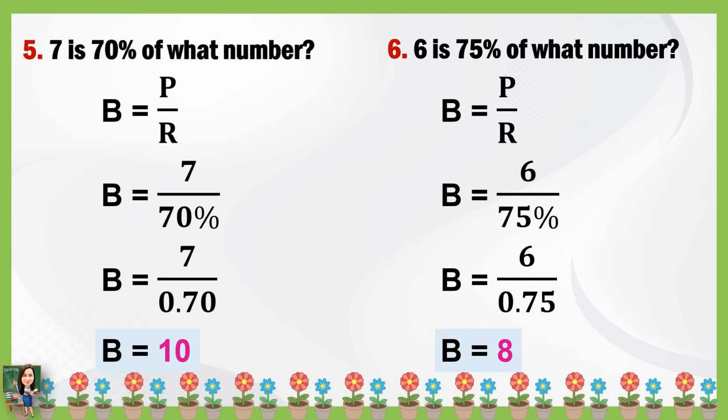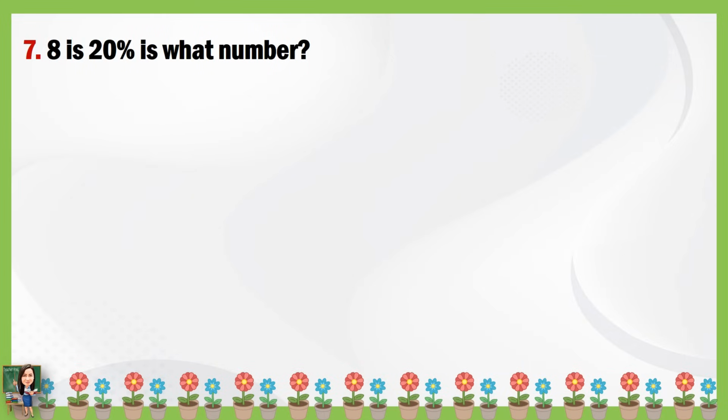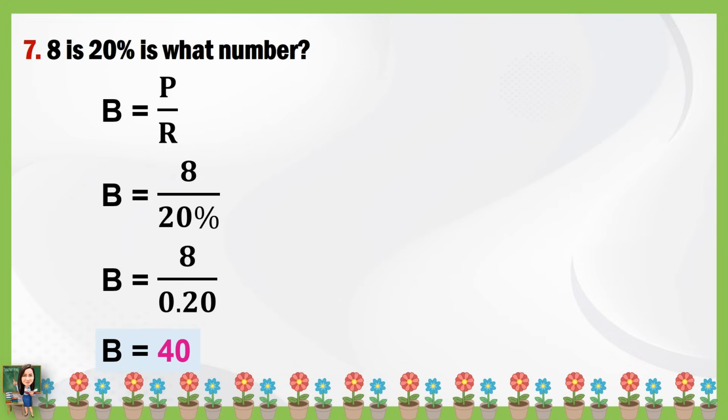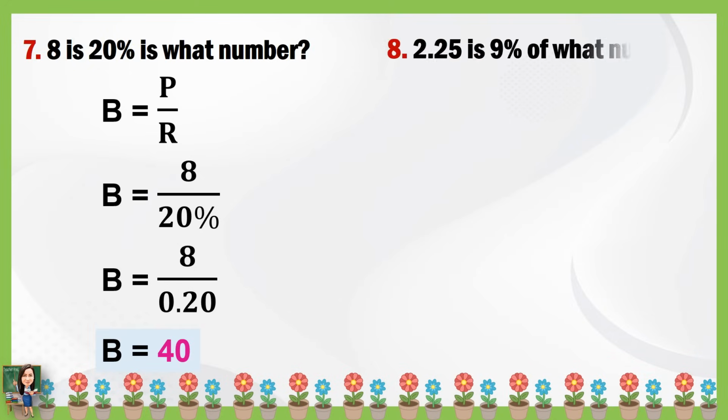The base is 8. Number 7. 8 is 20% of what number? Use this formula. Base equals 8 divided by 20%. The decimal of 20% is 20 hundredths. 8 divided by 20 hundredths equals 40.